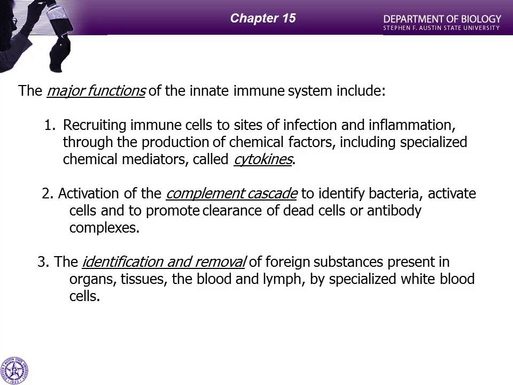They're in an inactive state, but once they become activated, they can lead to an enhancement in many ways of inflammatory responses, antibody-mediated responses, as well as increasing the phagocytic activity of our nonspecific white blood cells. So it ramps up the immune system in, again, a non-specific way.